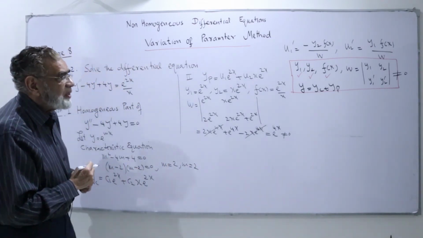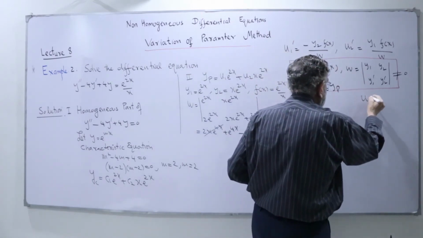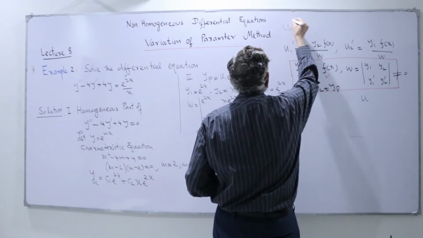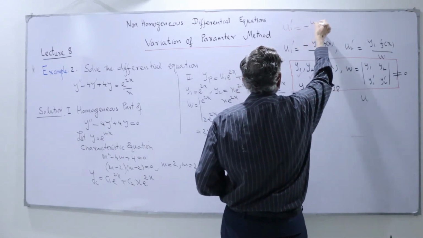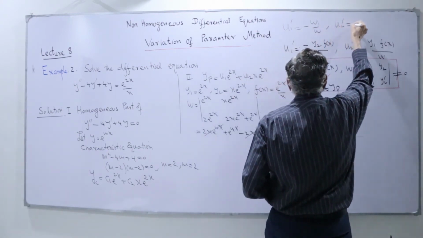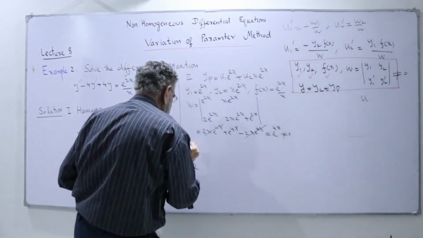By Cramer's rule, u1 dash is equal to minus w1 over w, and u2 dash is equal to w2 over w. What's our w1?